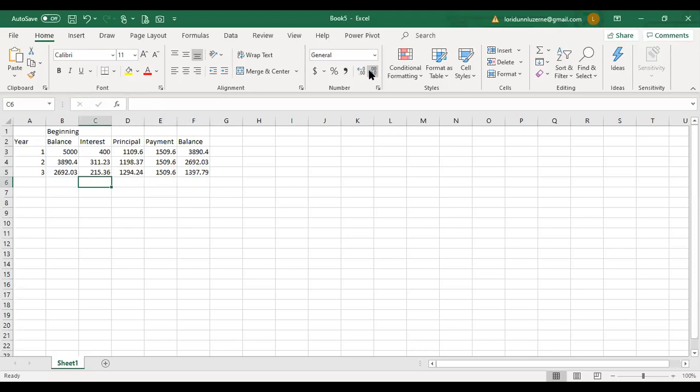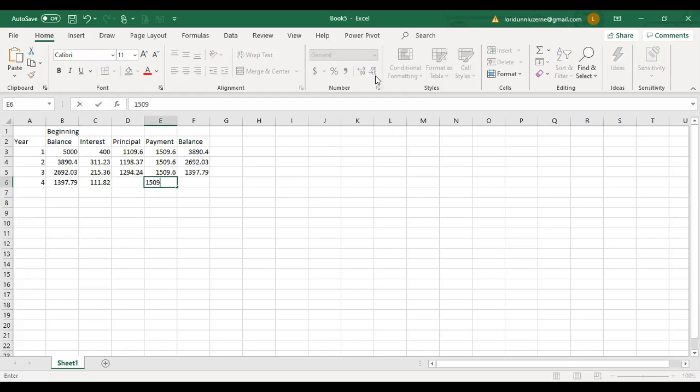So that is the new balance in my loan. So F5, I'm going to use that new balance to calculate this year's interest, B6 times 0.08. Make that into dollars and cents.